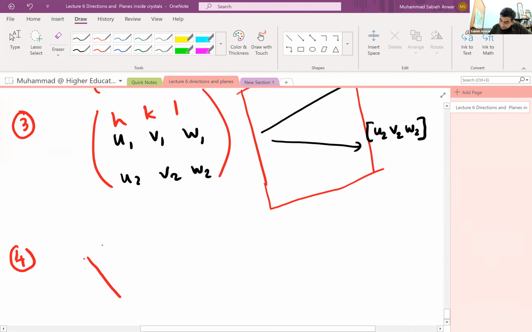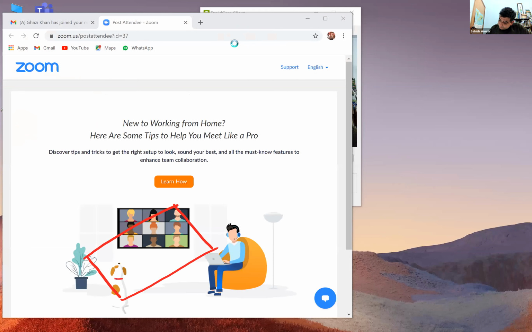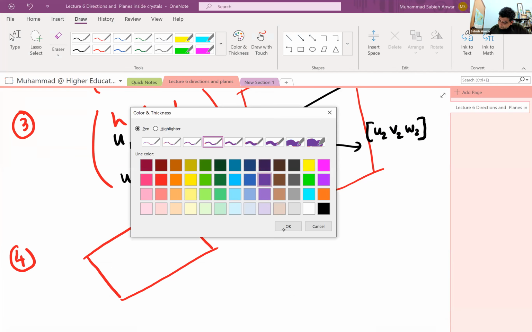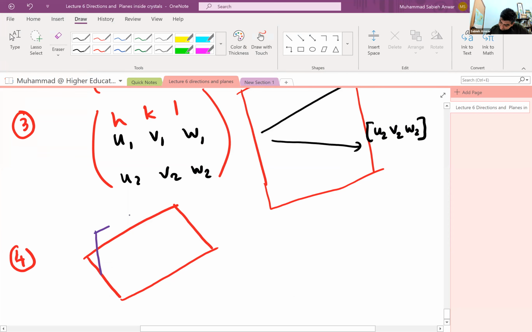Sometimes I also have multiple planes, and those planes can all intersect with one another.